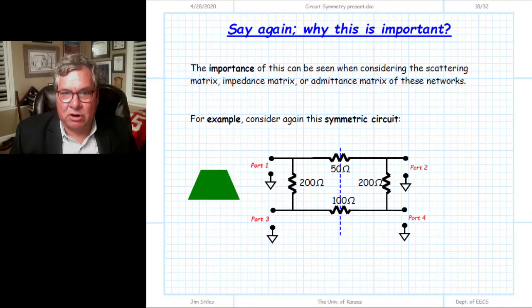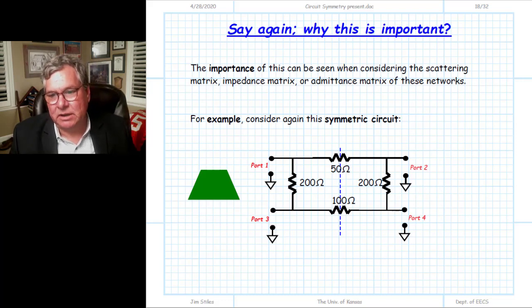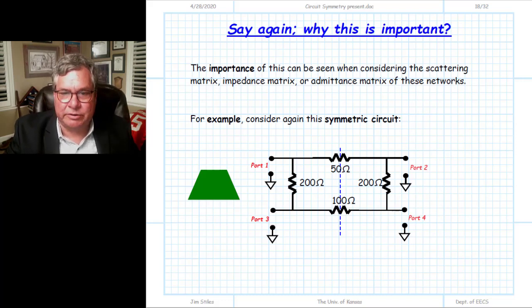So as fascinated as you are by this, you may still be wondering how this is useful to you as an electrical engineer. And so let's see how this is going to be helpful to recognize the symmetry associated with a circuit. Let's go back and look at this circuit, which has a fairly limited amount of symmetry. Notice again we have 3 different resistor values here, not 4, but we only have 3.